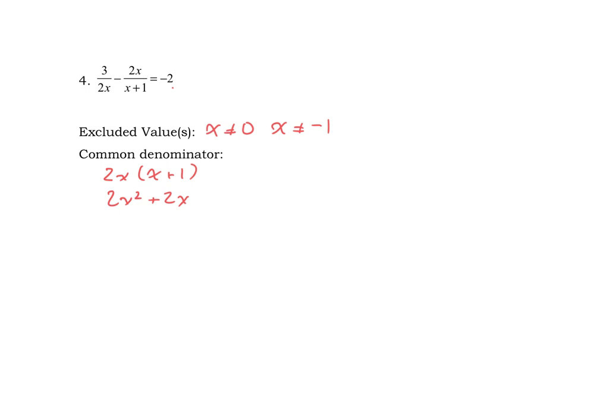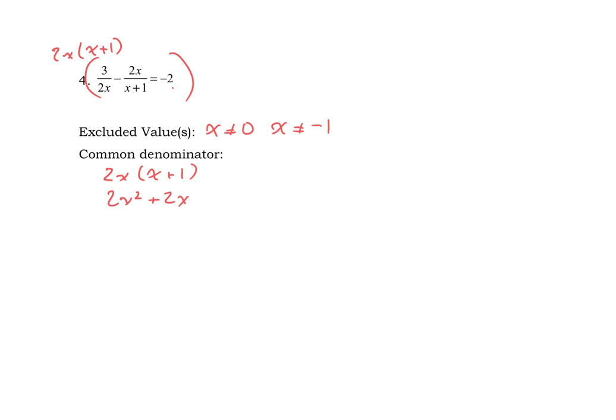So now I'm going to multiply everything by that common denominator, which is 2x and x plus 1. So when I take a look at the first one, I see that the two x's cancel out, and that leaves me the x plus 1.